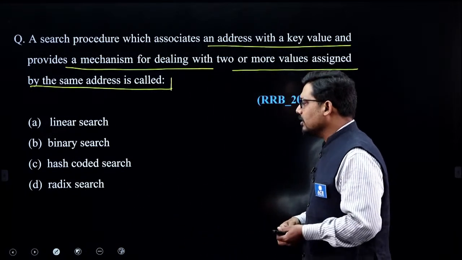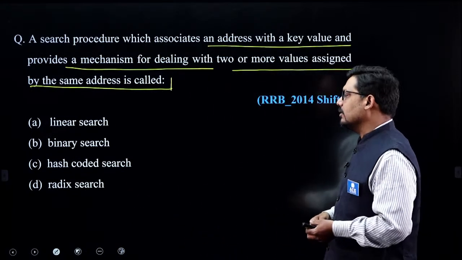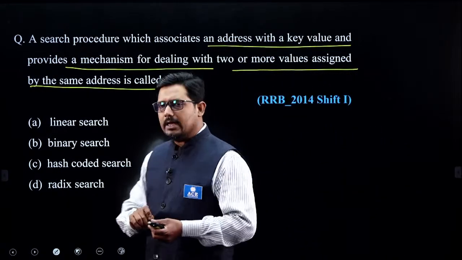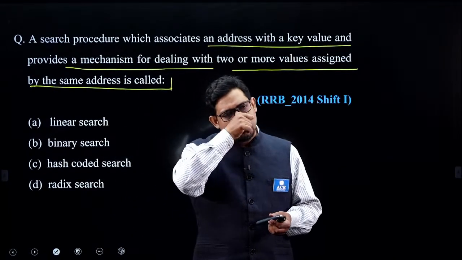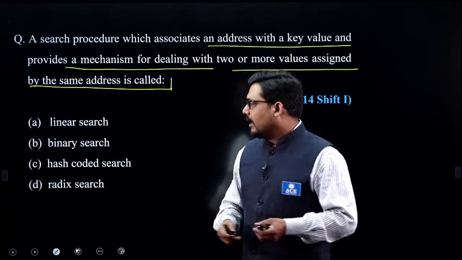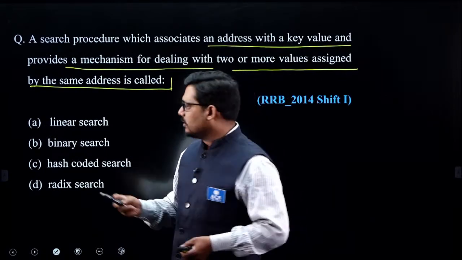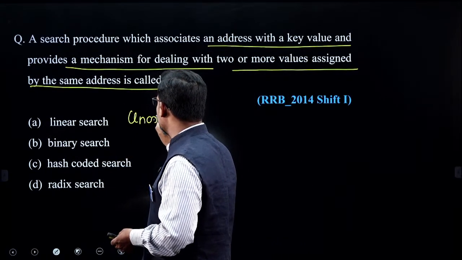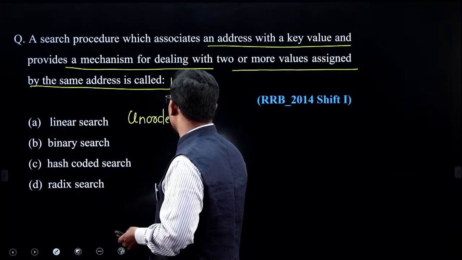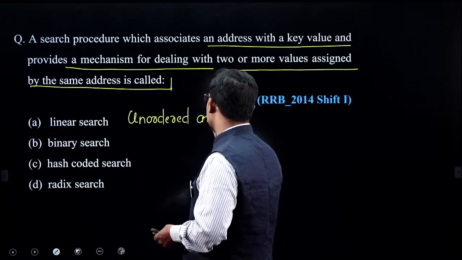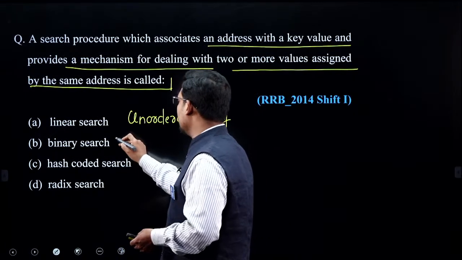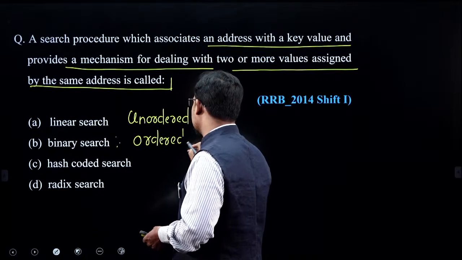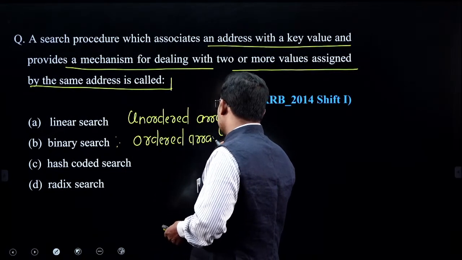Linear search is a searching mechanism where we search the elements one after another in a linear fashion by using a for loop, and it is for unordered arrays. Binary search is used for ordered arrays. I am not entirely going into the concept, but just a small thing.